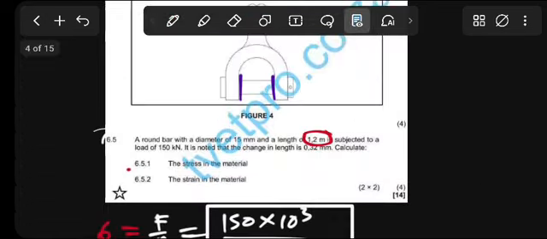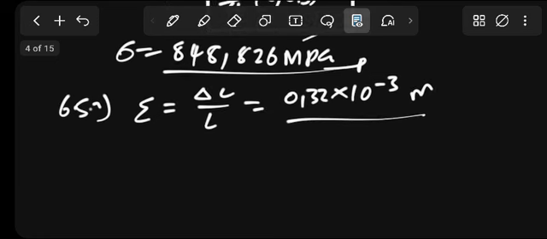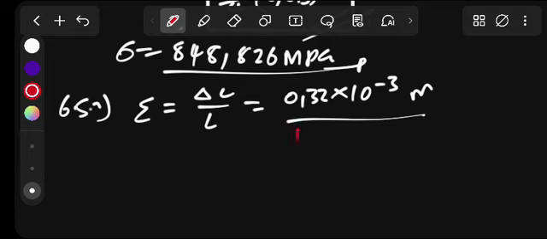Oh, it's 1.2. Why do I keep saying 0.2? It's 1.2 meter. So meters and meters cancel, as you can see, so we have no SI units.